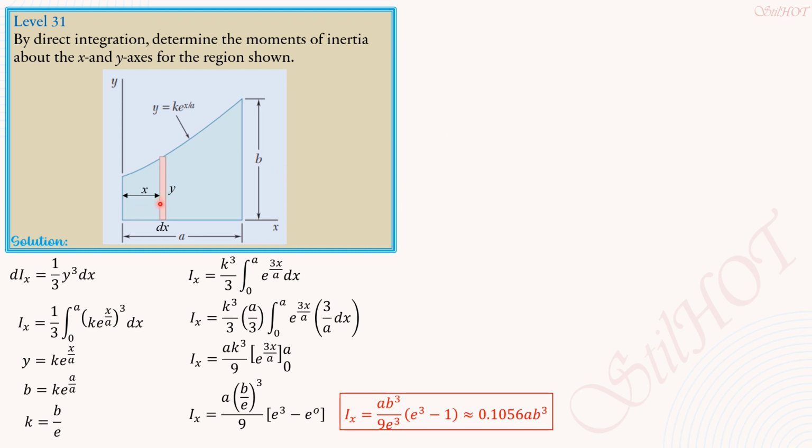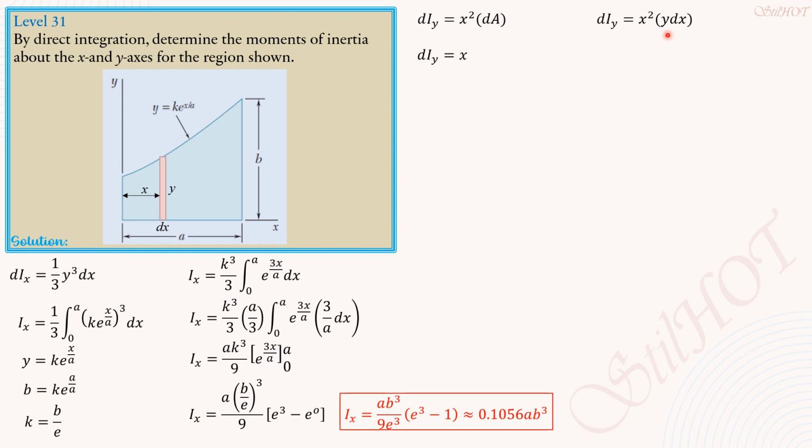For our differential Iy, it is x squared times the differential area y dx. So differential Iy is distance squared, x squared, times y dx, the differential area. So substitute the value of y.